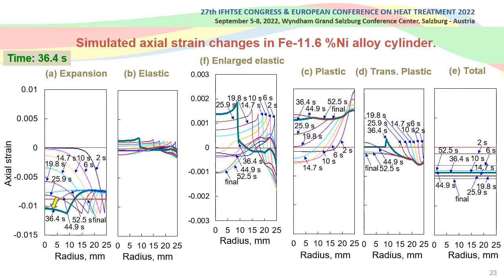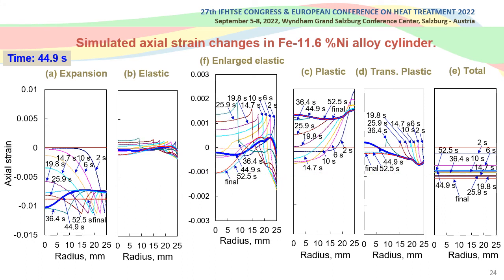The distribution changes show the same trend as in the previous slide, while the total strain has begun to increase. The expansion strain at the core is at its lowest value, while the elastic strain at the core is at its highest value. This increase corresponds to a decrease in expansion strain.